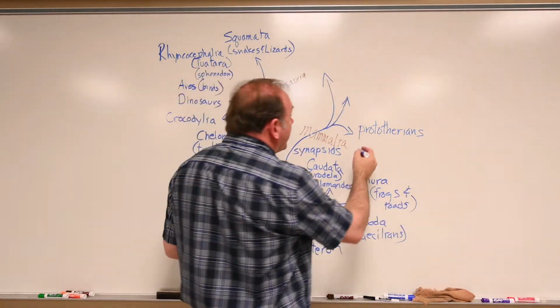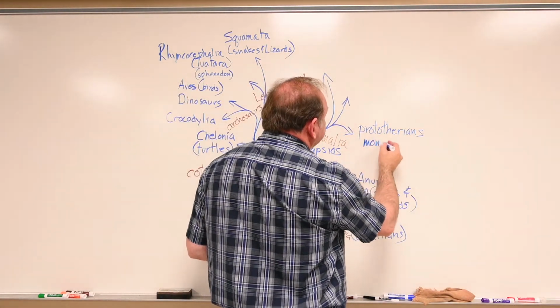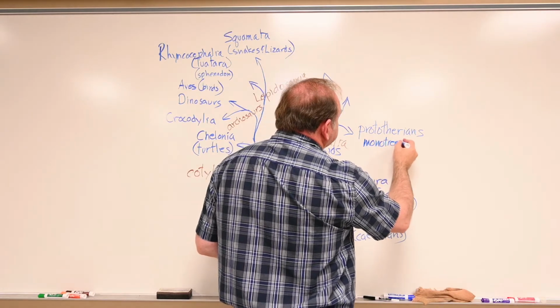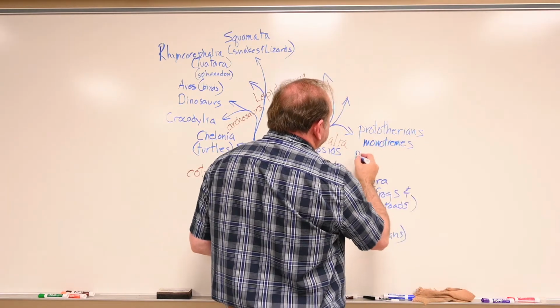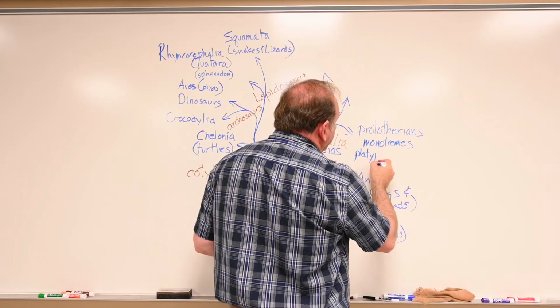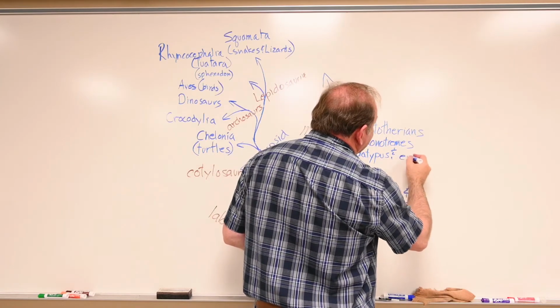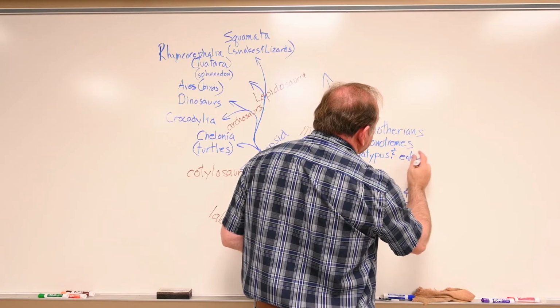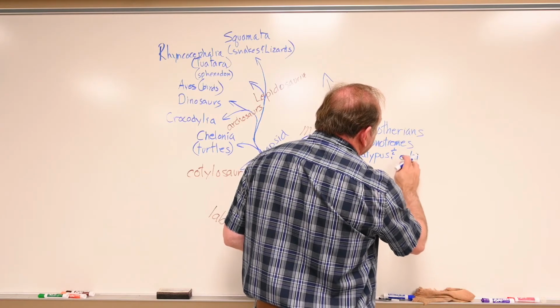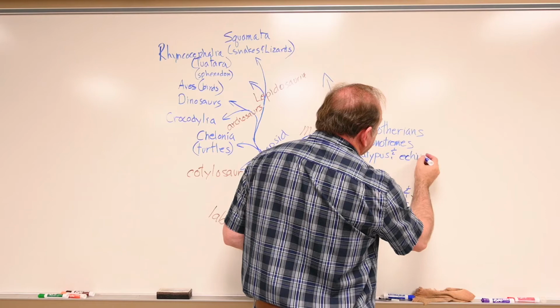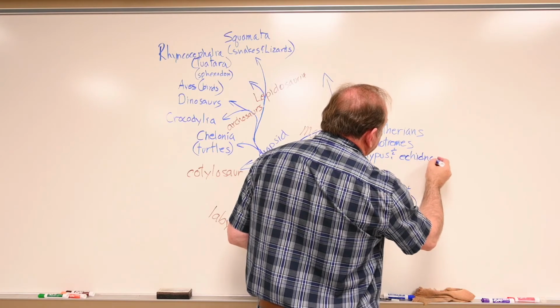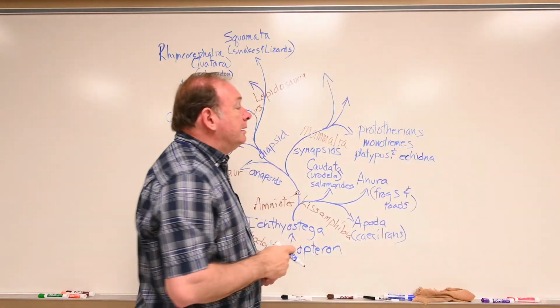Prototherians, also called monotremes. This is the platypus and the echidna, E-C-H-I-D-N-A.